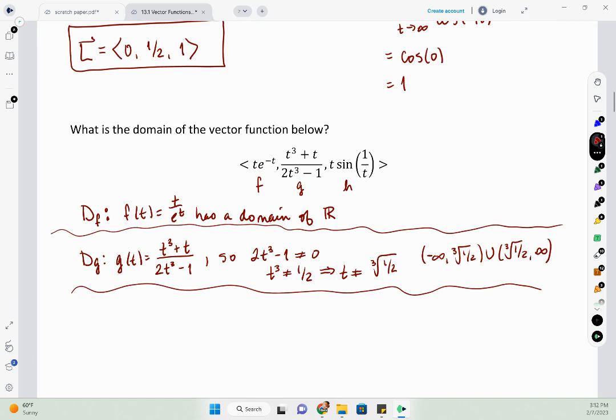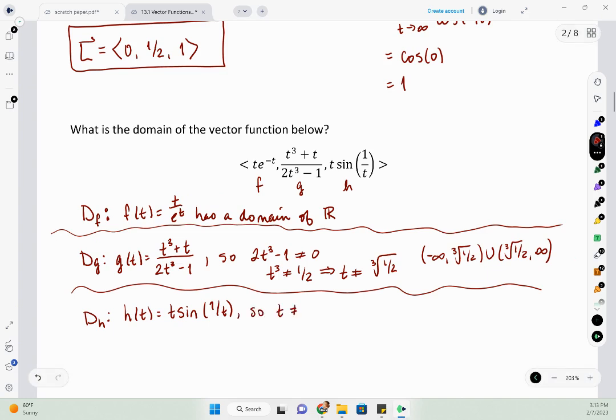All right, last one, the domain of h. h of t is equal to t times sine of 1 over t, sorry. Now, we have a product here, and the t part is fine. t can be anything. Sine is always defined. However, its angle in here is 1 over t, and that's not good.